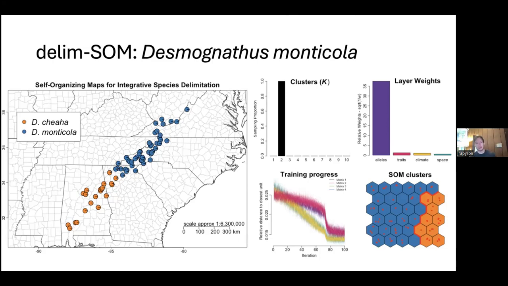One thing I didn't even mention, but you might notice, these are pie charts, and they represent ancestry proportions. So you can actually estimate hybridization and genetic admixture from this as well. I didn't go into that just for the sake of time, but if you're familiar with structure or programs like that, you actually get equivalent values for structure plots for estimating individual ancestry from this as well.